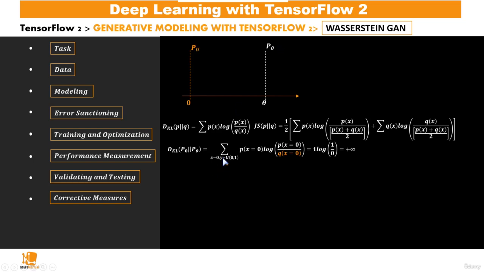Now we're having x equals 0, and then y is taken from the uniform distribution, which goes from 0 to 1. Then simply applying this formula, P equals P0, and this Q is the P theta.